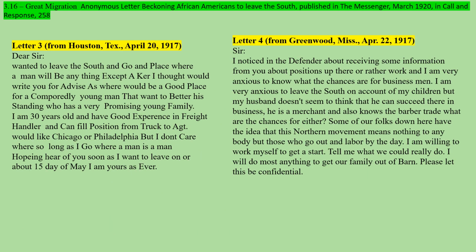There we have letter 3. Is it following that same theme? Can fill a position from truck. Would like Chicago or Philadelphia, but I don't care where, so long as I go where a man is a man. And then in this particular letter here, notice how he mentions the Defender, and the Defender is one of those newspapers that's trying to provide assistance for African Americans as they leave the South.